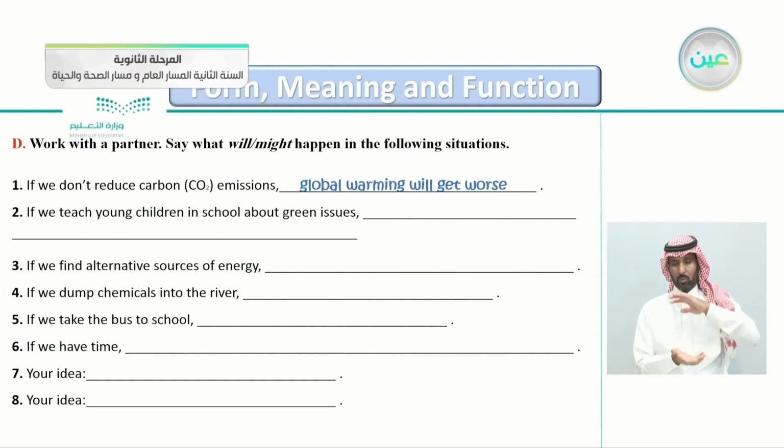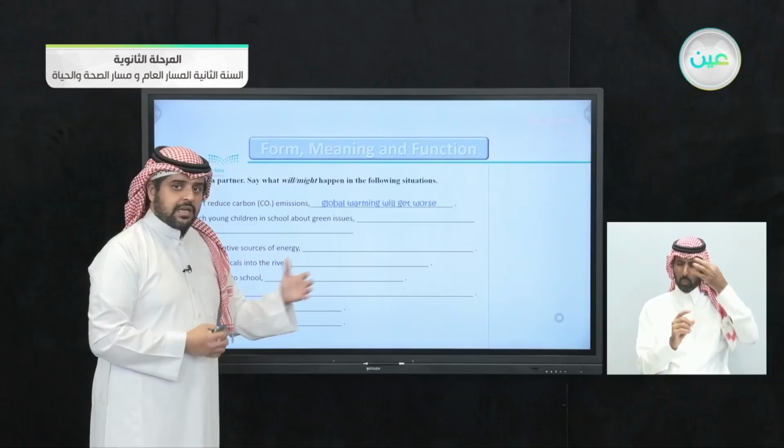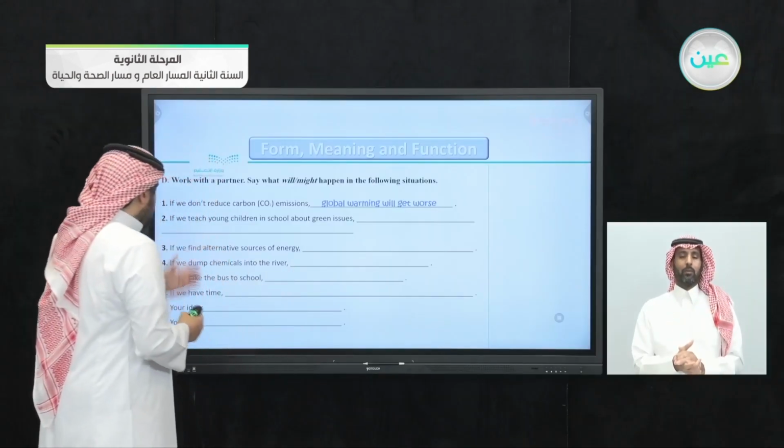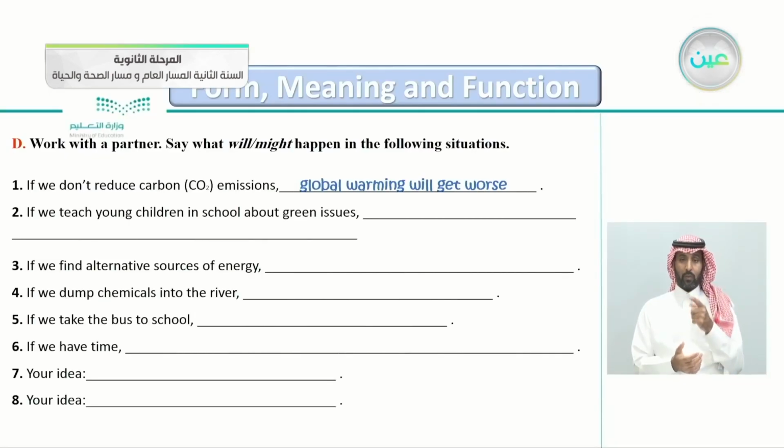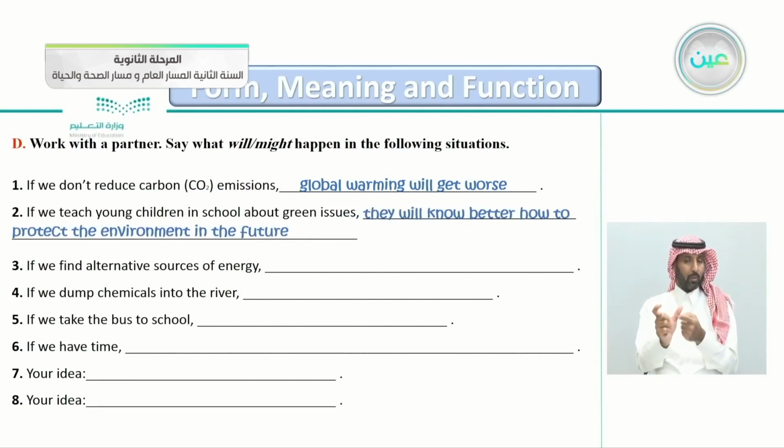Global warming will get worse. Of course, you can answer it as you wish. Number 2, if we teach young children in school about green issues, going green, what will happen? The result clause here, yes, they will know better how to protect the environment in the future.